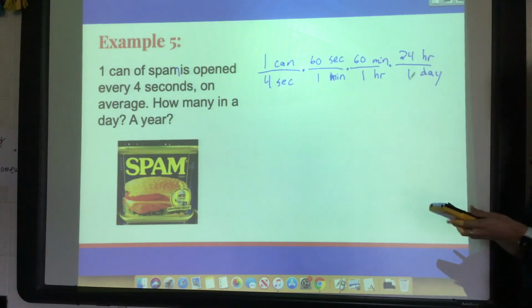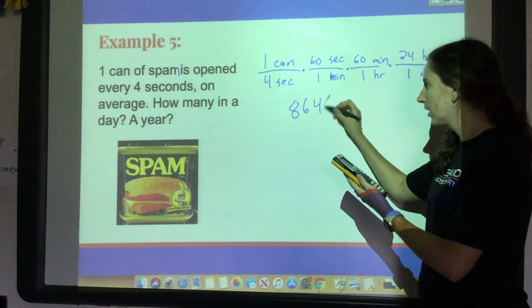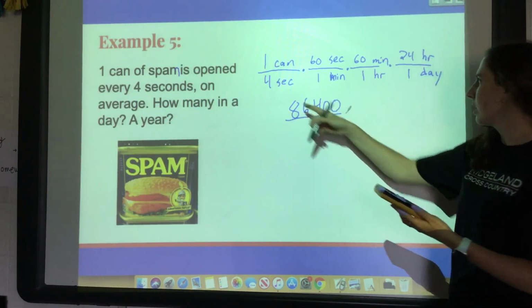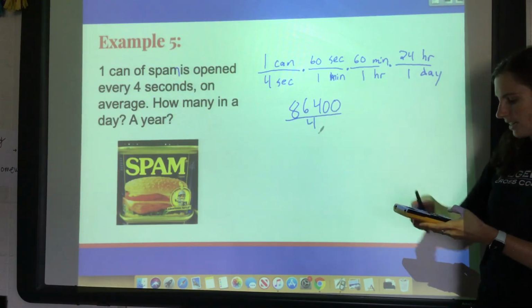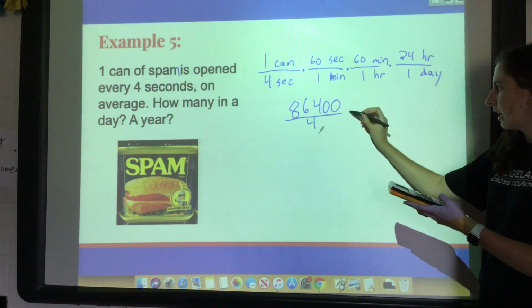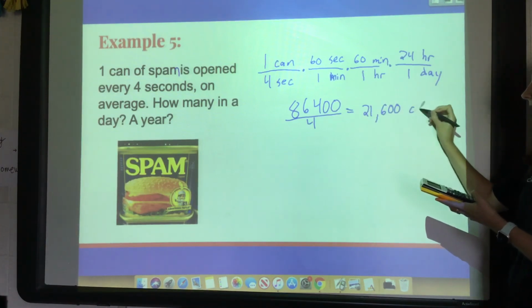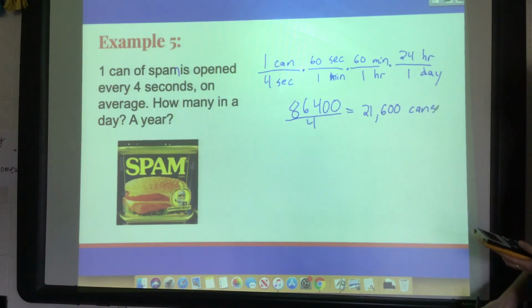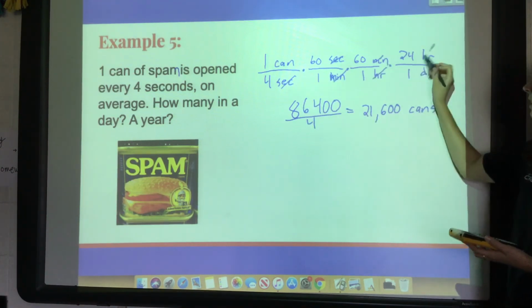Multiply across the top, and that's on top, but on the bottom it's 4 times 1 times 1 times 1, so 4. And then divide, and you get 21,600 cans of Spam. That is now in days.